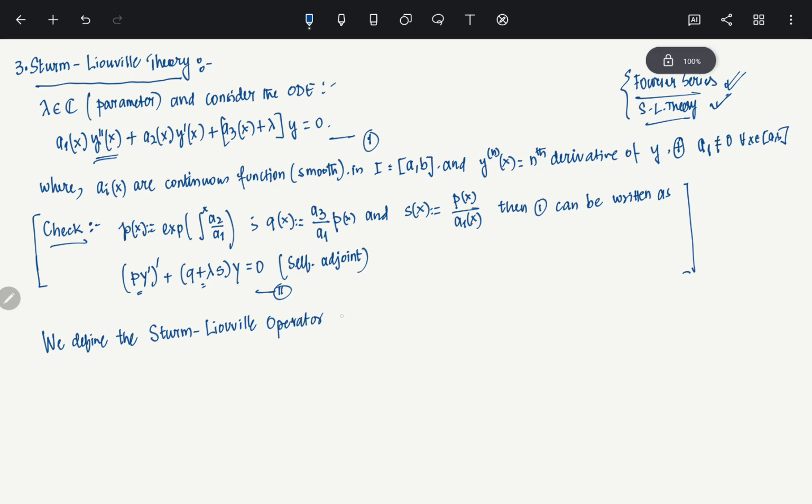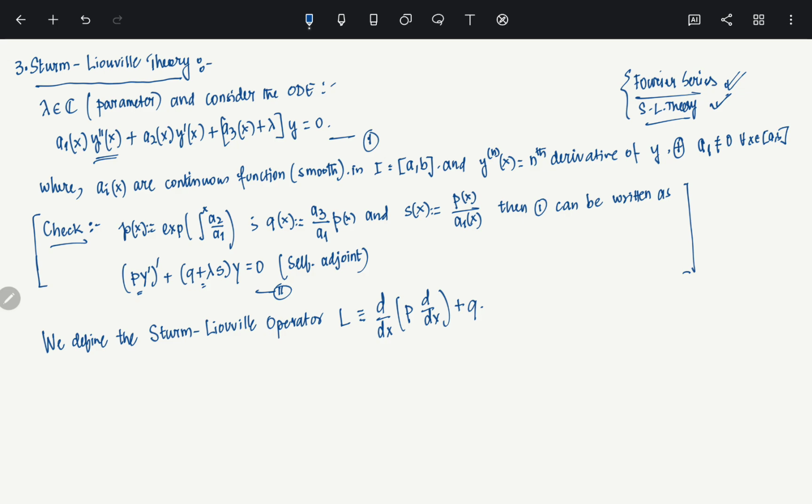We will call it L. What is this operator? We write it like this: d/dx of p d/dx, plus q. Of course, we are putting a dash here, but since that requires a function, we write it this way.